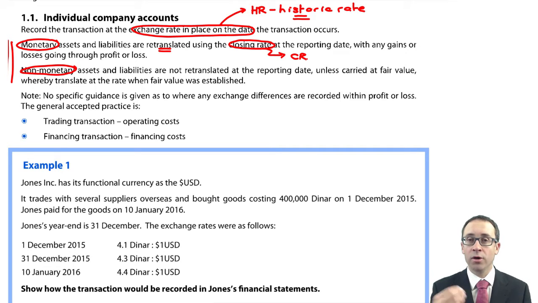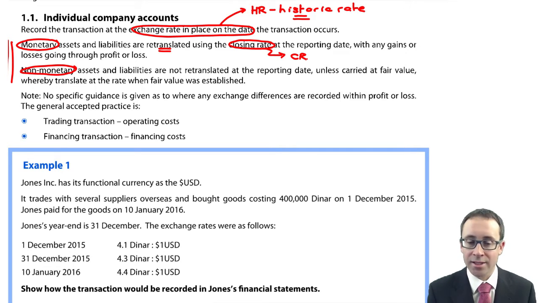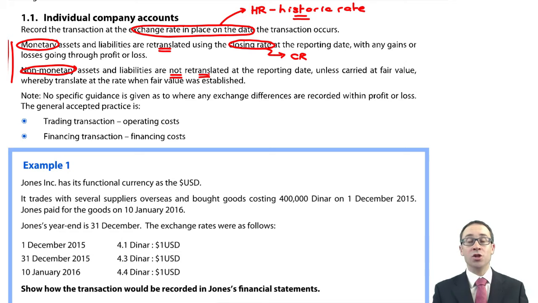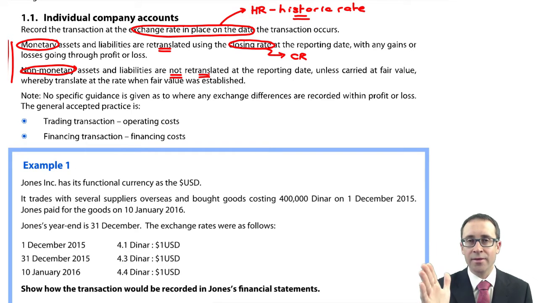Okay, so if it's monetary, you retranslate it. If it is non-monetary, it is not retranslated. You leave it. Okay, so the rules is that you translate at the date the transaction takes place. Then if it's monetary, you retranslate. If it's non-monetary, you do not retranslate.